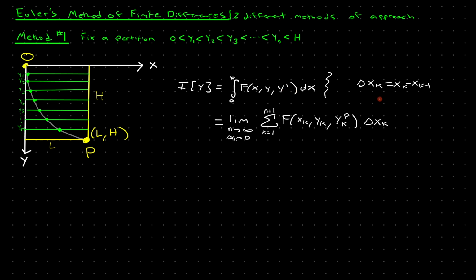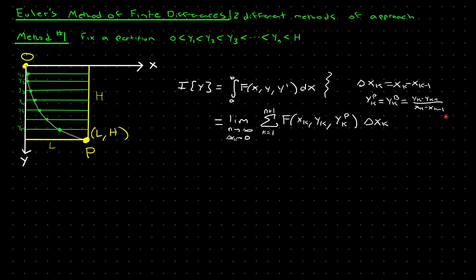And there are many ways of doing this, all of which, if the integral exists, are equivalent. However, we're going to choose yk prime to be the backwards difference at the point when we're summing from 1 to n here, which is going to be yk minus yk minus 1 over xk minus xk minus 1. There are many different ways of approximating the derivative.